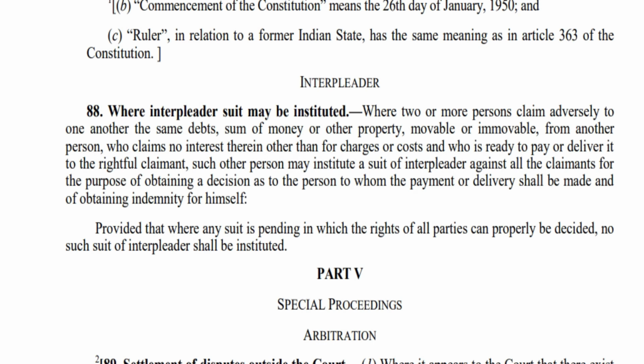This is the will which my father, that is A, gave, and I am the rightful owner. And he is making C the defendant. That case is pending, and in that, he is making a prayer that rent should be paid to him. So in that case, the court will decide who is the rightful owner. If such a suit is pending, then this tenant cannot file an interpleader suit.